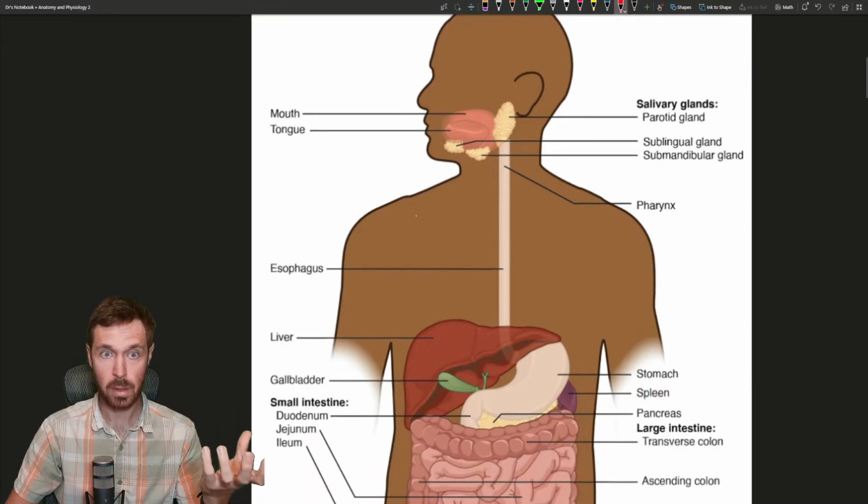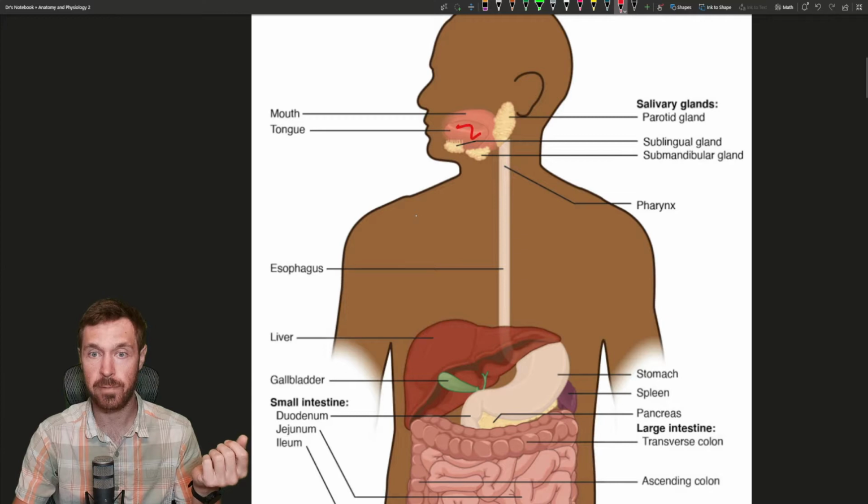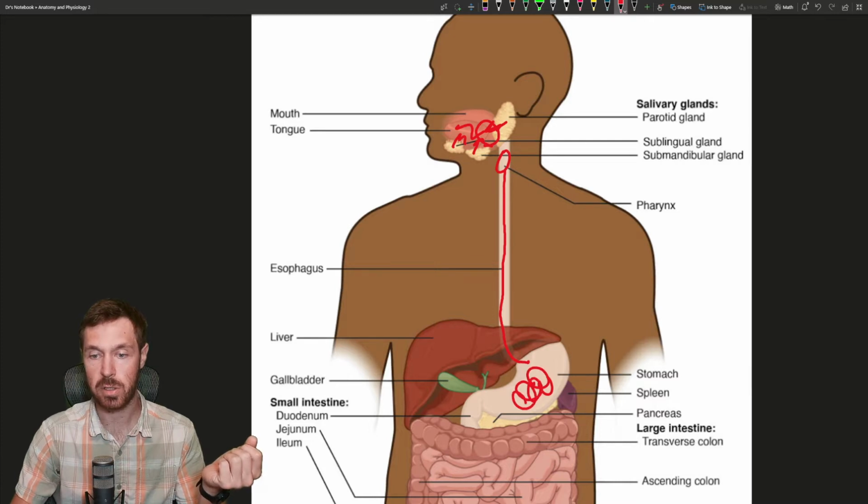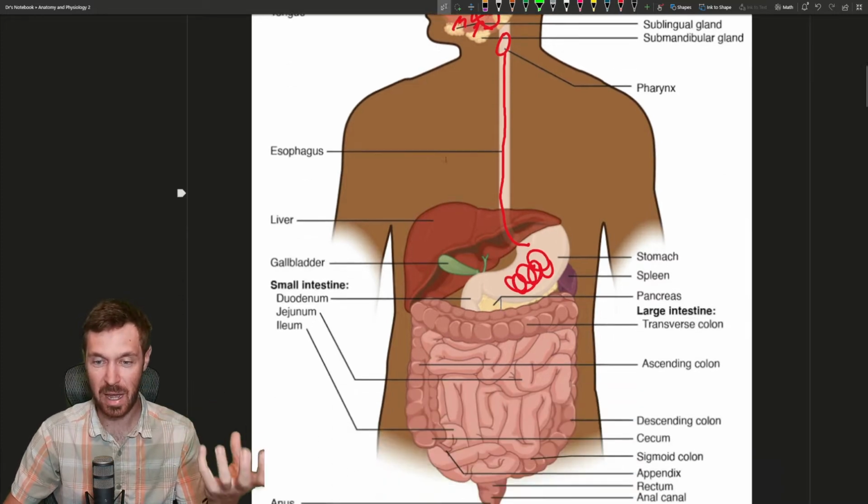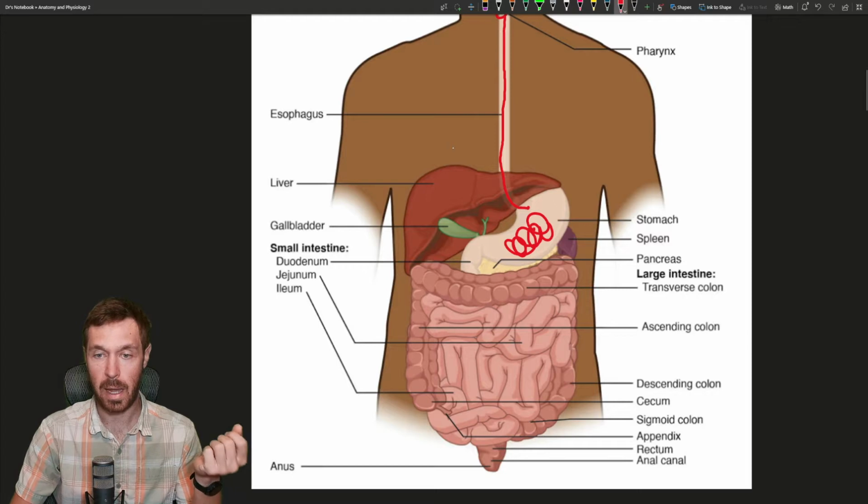First, you enter the mouth, you chew the food, and salivary glands in here release saliva, which helps moisten that food. That food bolus you then swallow down through the pharynx. It then goes down through the esophagus into the stomach. The stomach then churns it up. It becomes something called chyme. That paste-like chyme then enters the small intestine through a valve right here.